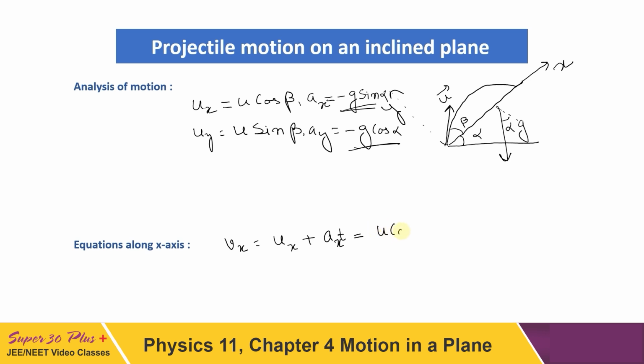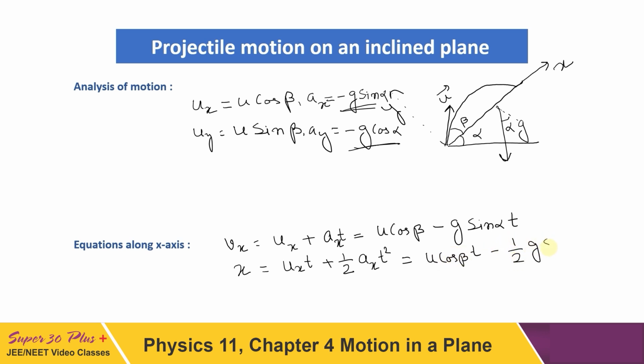So it is u cos beta minus g sin alpha t. Similarly, displacement in the x direction can be written as ut plus half at square. So that is uxt plus half axt square, which can be written as u cos beta t minus half g sin alpha t square. These are the equations along the x-axis.